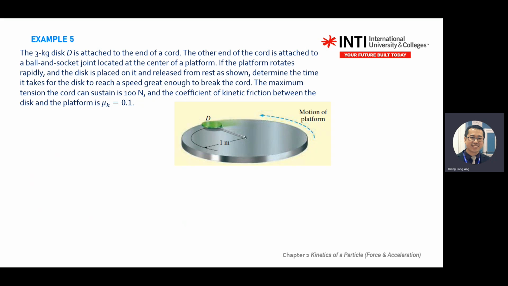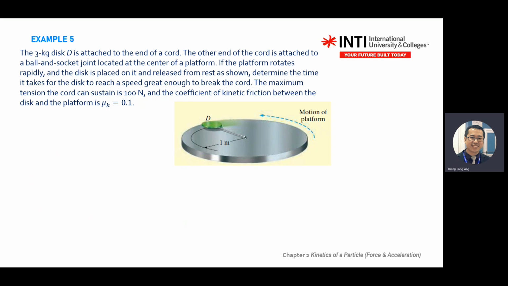So what happens to the green pellet? It will stick to the surface and start to turn. Correct. Then determine the time it takes the disc to reach a speed great enough to break the cord. You need to find the force in this cord. Okay. Again, this is a combination of chapter 1 and chapter 2.